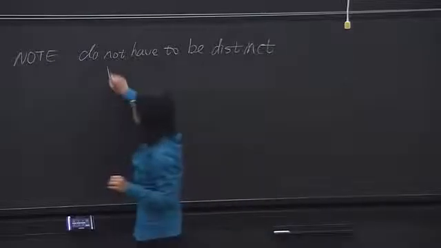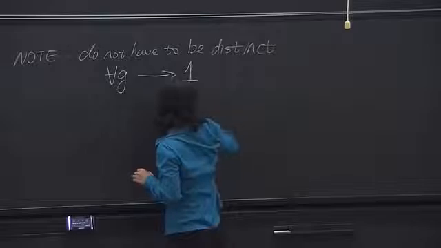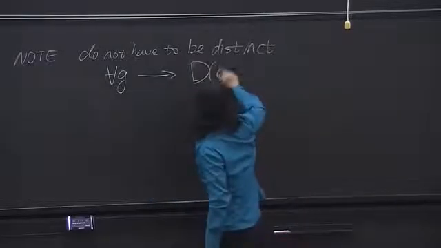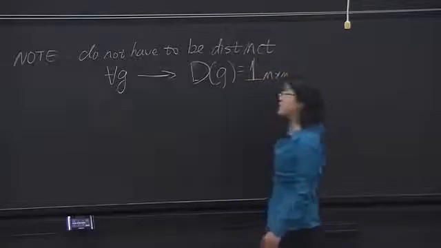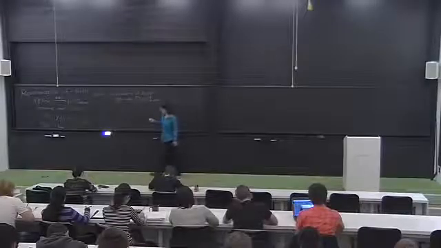I choose to map all the G to identity. So I said, for all G, D(G) is the identity matrix. That's certainly a representation. It maps the identity to identity, and identity matrices multiplied with each other equal identity matrices. So this is a representation.